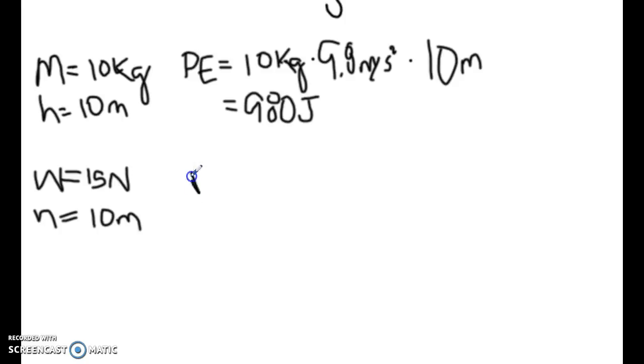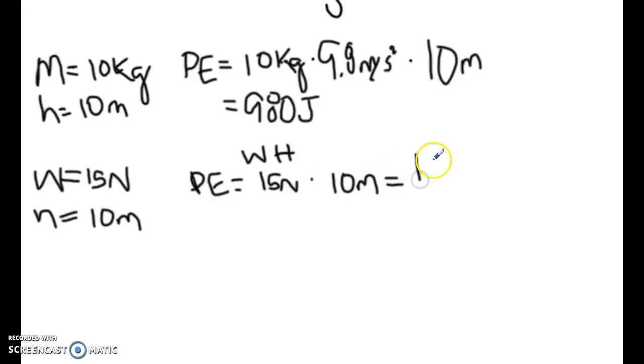Okay, you're going to do PE is equal to 15 newtons times 10 meters. You don't have to do 9.8 because we're doing weight times height, which I forgot to put on here. So 15 times 10 gives you 150. And my units again would be joules.